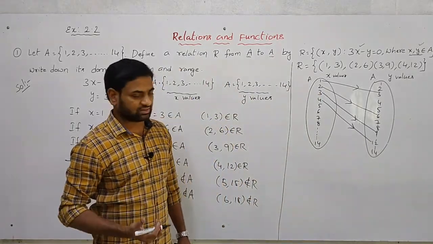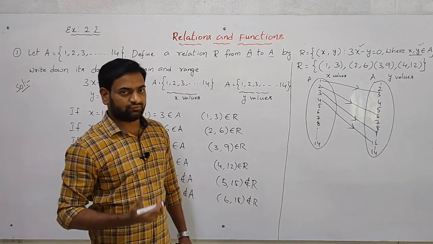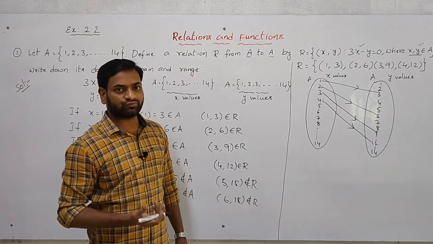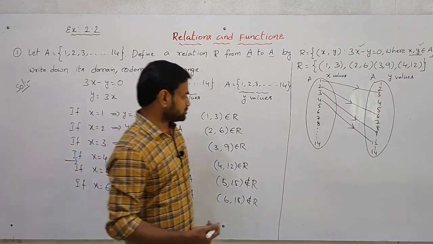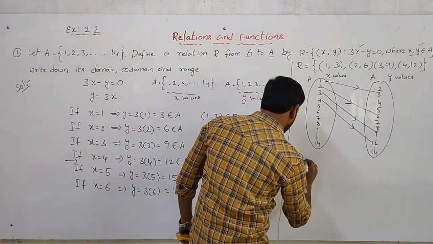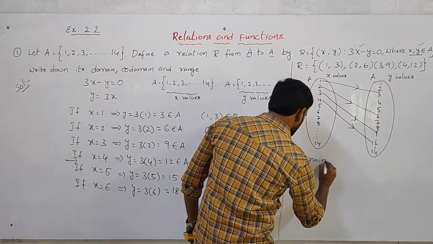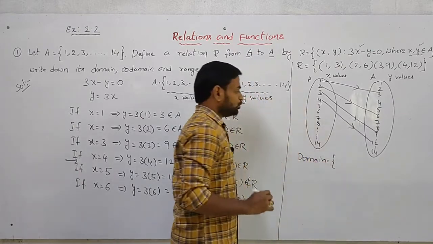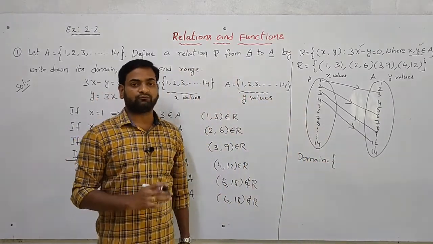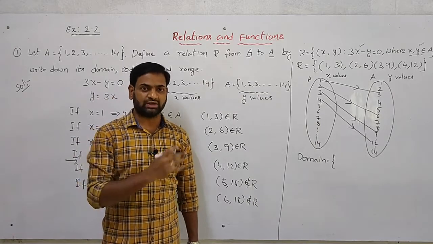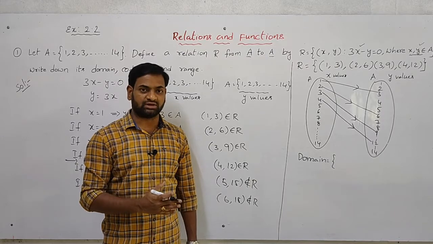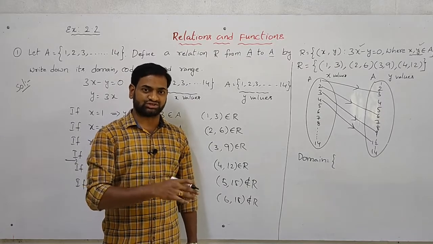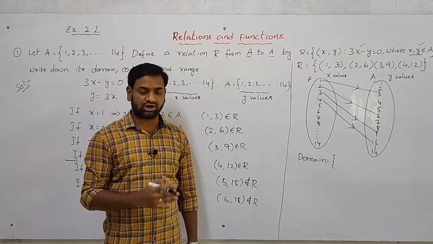Previously I explained how to find the domain, range, and codomain if you have a mapping. So what is the domain? Domain is the set of all first elements which are in the relation.